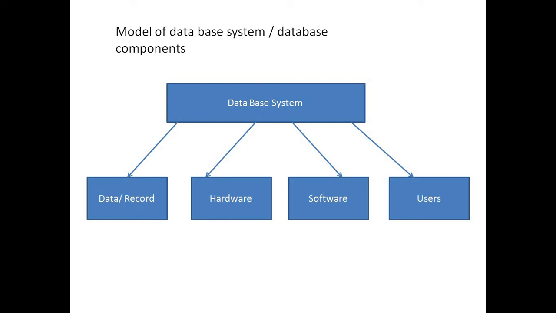So data in its raw format or in the form of information plays a very important role and is a mandatory element of any database system. So data is the most basic element in database components. Without data, we cannot have a database, neither can we have a DBMS.